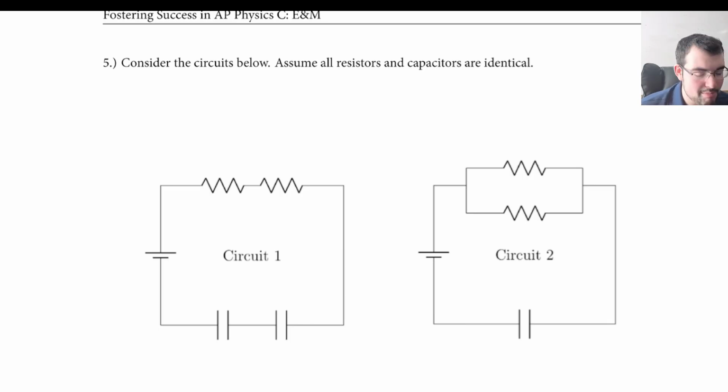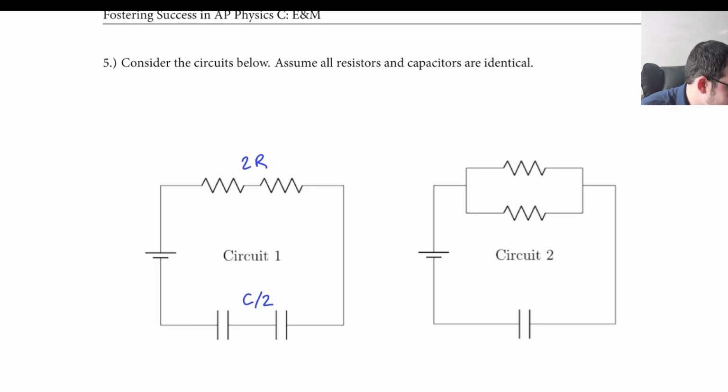Remember our combining rules. Resistors add in series, capacitors add in parallel, and the other is the reciprocal. So this is 2R, and 1 over C plus 1 over C to the -1 is C over 2, because if you combine identical things using the reciprocal rule, you just get division.